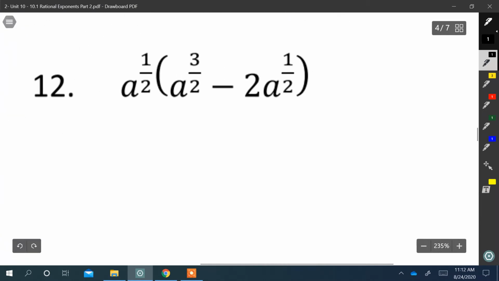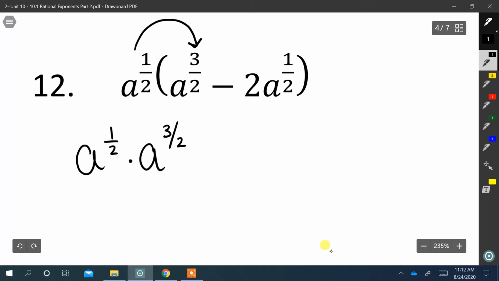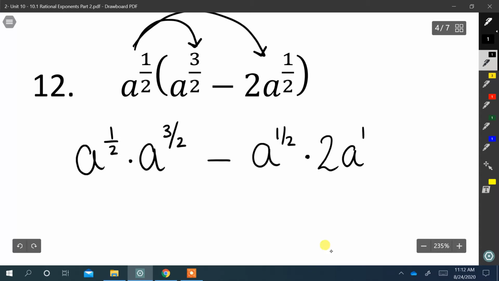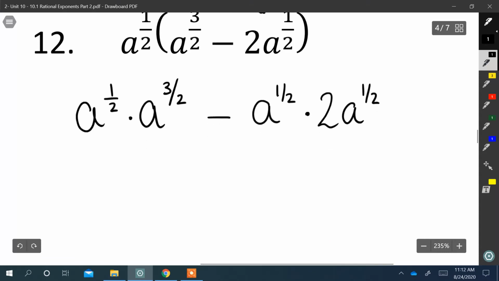Alright, so on number 12, what we need to do is distribute. So I'm going to multiply that first. So we have 1/2 times 8 and 3 over 2 minus, now let's distribute that there. It's going to be 8 1/2 times 2, 8 and 1/2. So now we're going to combine terms.